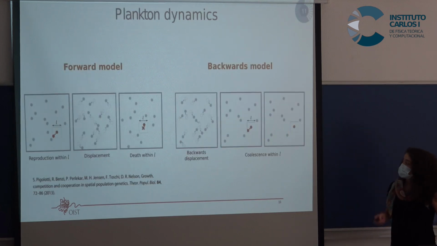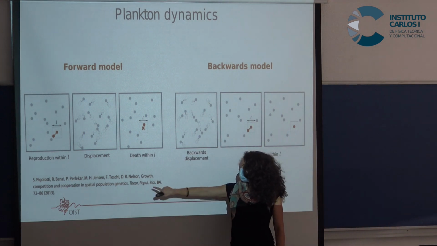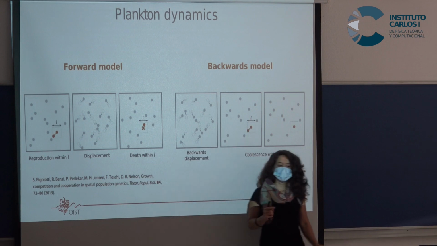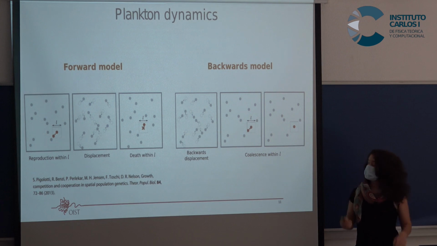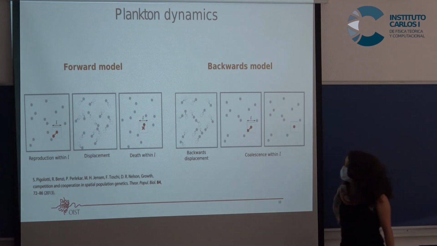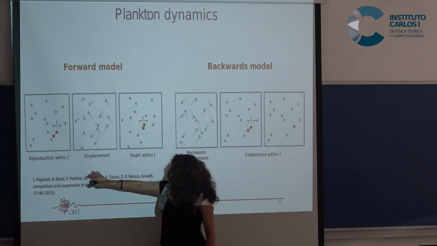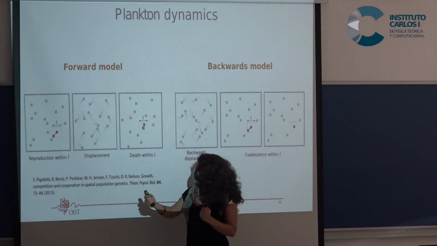For the plankton dynamics, we base on a neutral model, in which we don't have the lattice as we usually have. That simplifies everything, but we have continuous space. That is what we need for our fluxes. So we call it the forward model because it's forward in time.